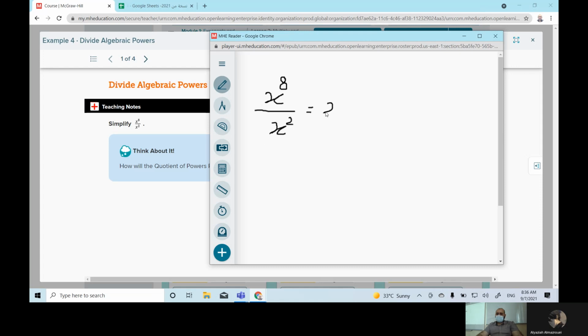So write the same base, x, then subtract the exponents: 8 minus 2 will be 6, x exponent 6. Who has any question here? Great.